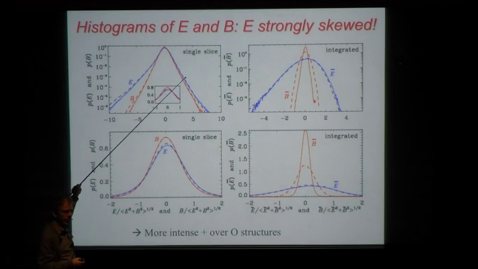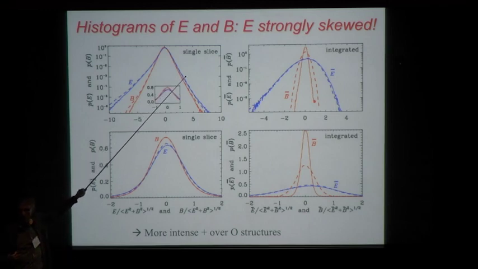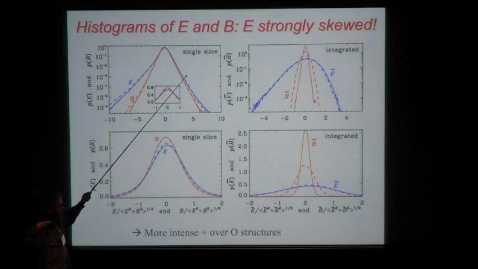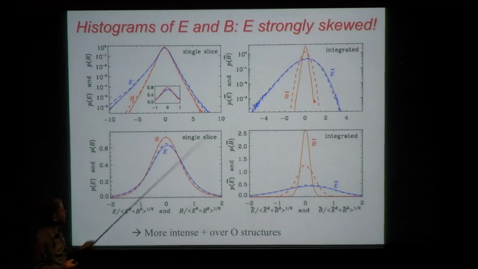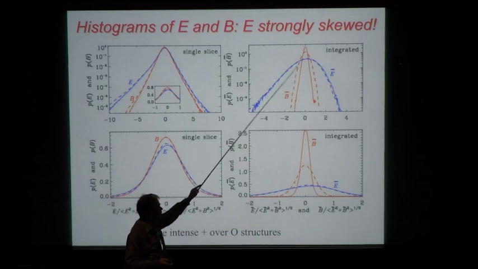And so we clearly have a difference then in the typical structure of turbulence. Ring-like structures are subdominant or not as strong as the plus or cross-like structures in the polarization. We see that both for single slices and for integrated.